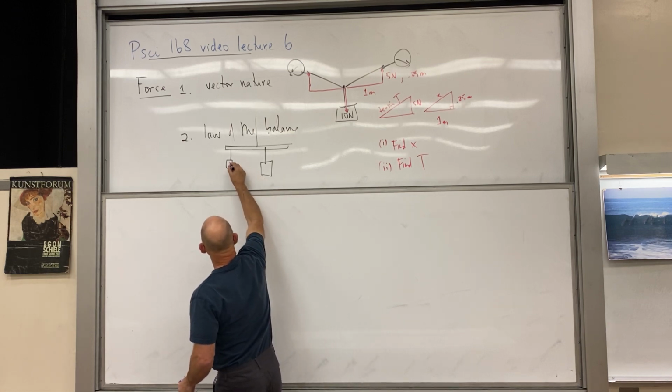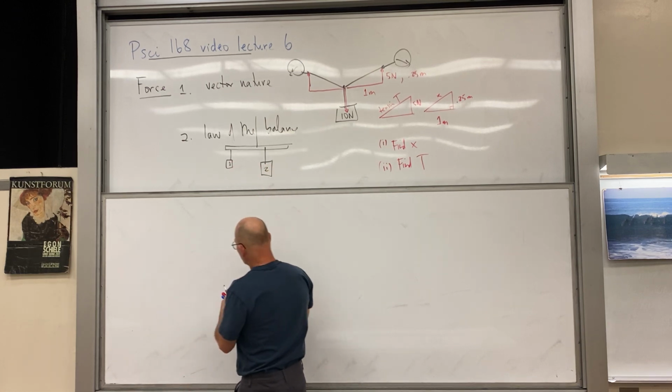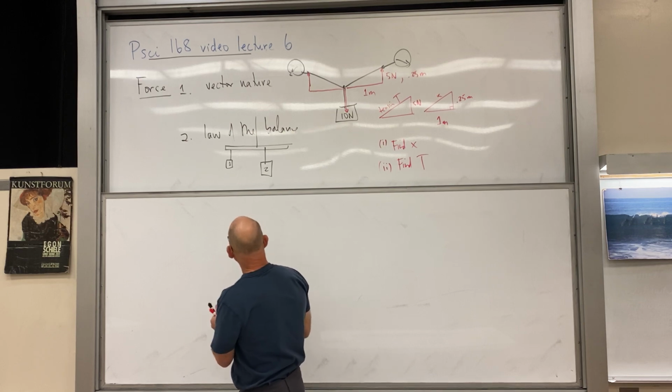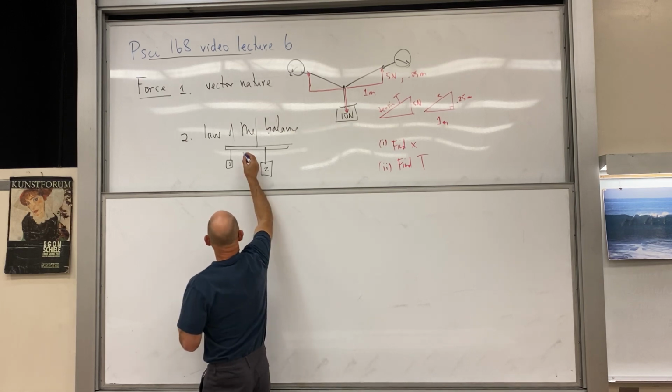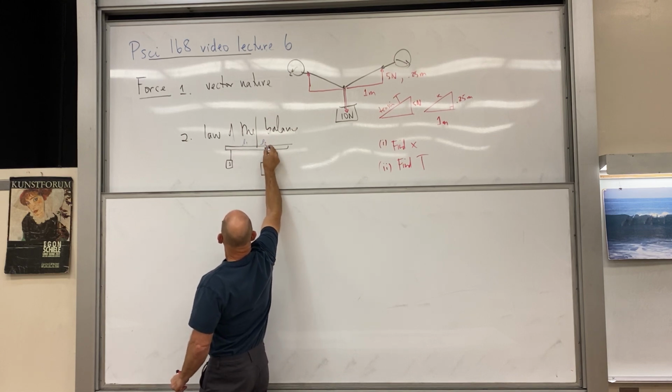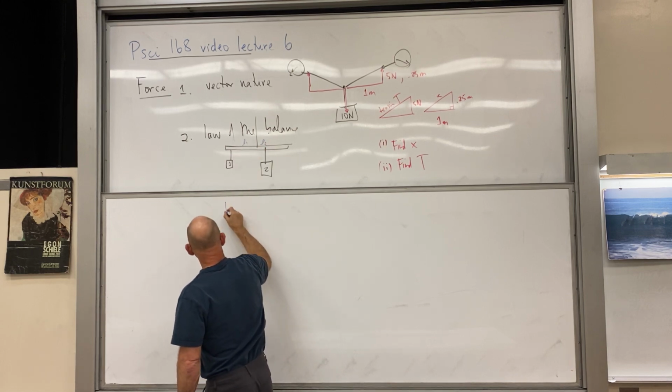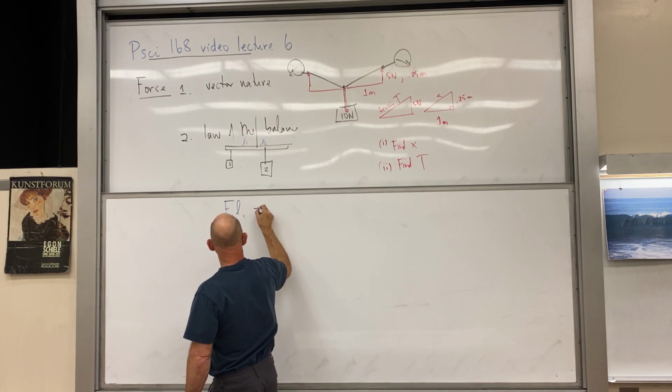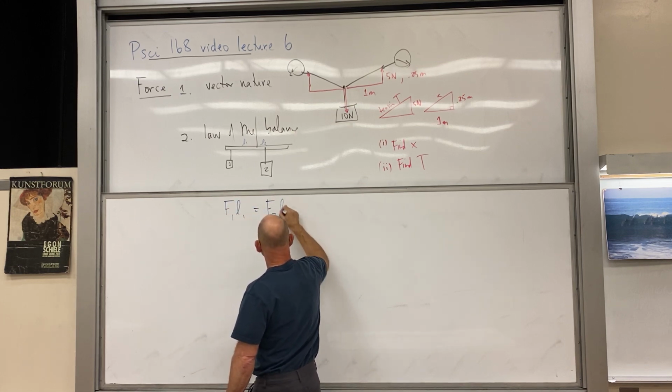So this is the 1 side and this is the 2 side. So the law of the balance was that, and this is L1, L2, the force 1 times L1 equals force 2 times L2.